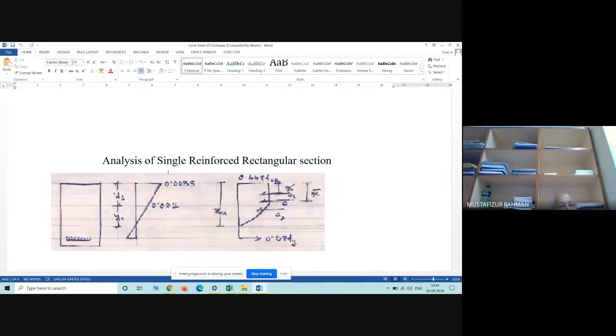Since concrete is strong with respect to compression, in the upper part there is no danger of failure. So in the upper part, we do not require any other help to resist the compressive stress that is going to be induced because of the external load.